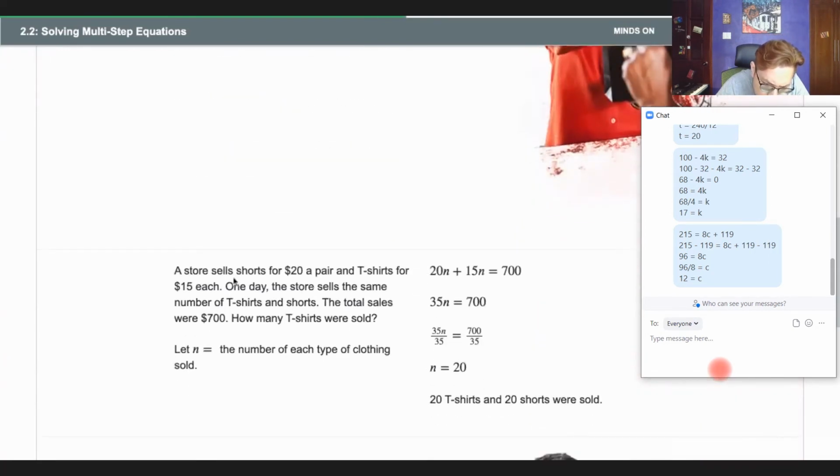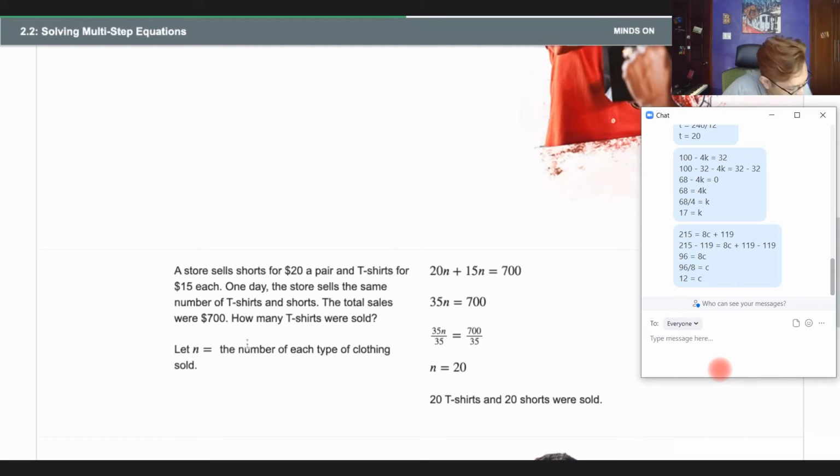A store sells shorts for 20 a pair and t-shirts for 15 each. One day the store sells the same number of t-shirts and shorts. The total sale was 700. How many t-shirts were sold?